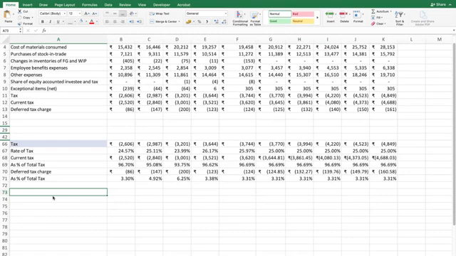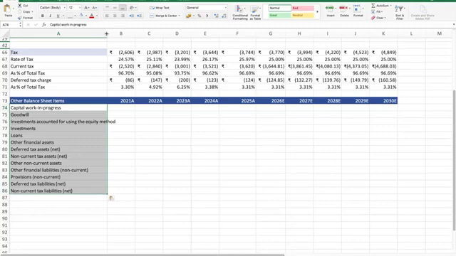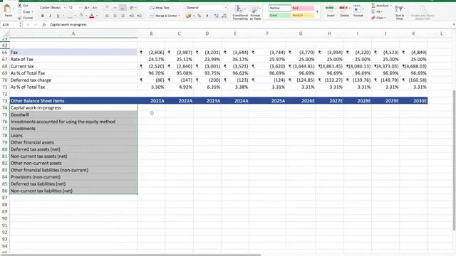These are those items which are not part of either of these schedules, either capex or anything else. These are balance sheet line items for which we don't find anything in the schedules. We'll quickly get all these numbers.